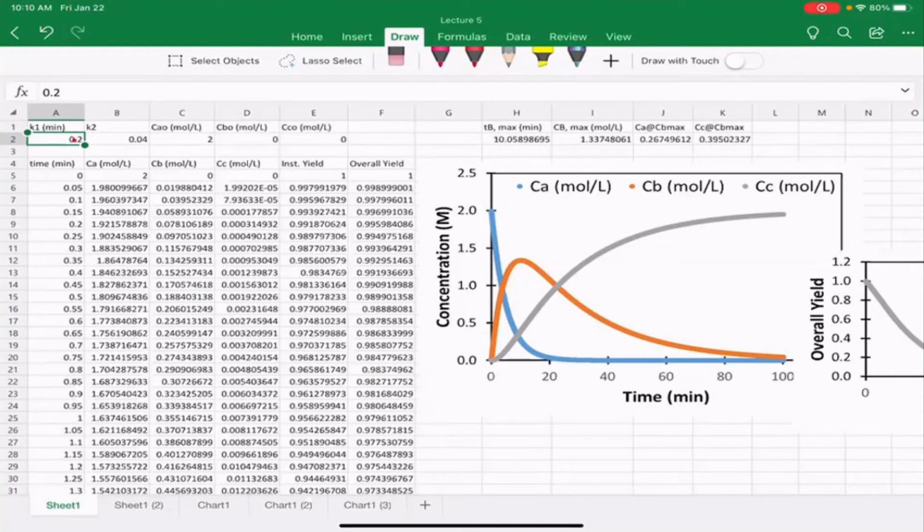Does anybody know what the problem with this is? I'll tell you, you can't just increase the rate of reaction for K1. Does anybody think they might know why? Why can't we just cherry pick one?